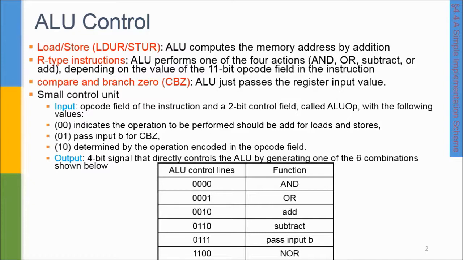For the R-type instruction, the ALU needs to perform one of 4 actions: AND, OR, subtract, or add, depending on the value of the 11-bit opcode field in the instruction, as we read in chapter 2. For compare and branch zero, the ALU just passes the register input value.